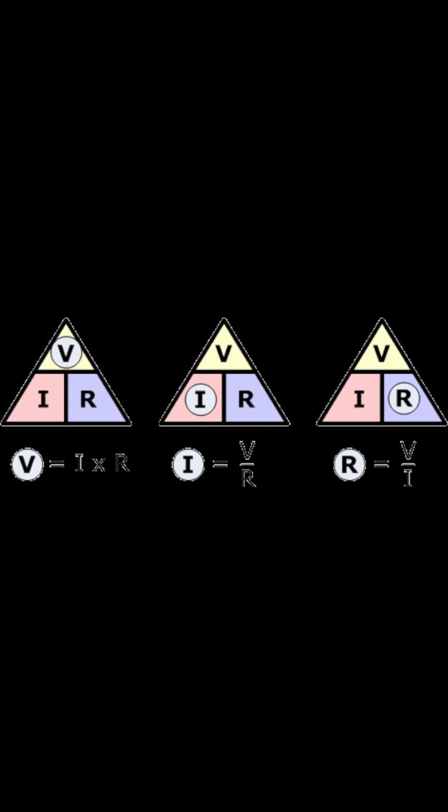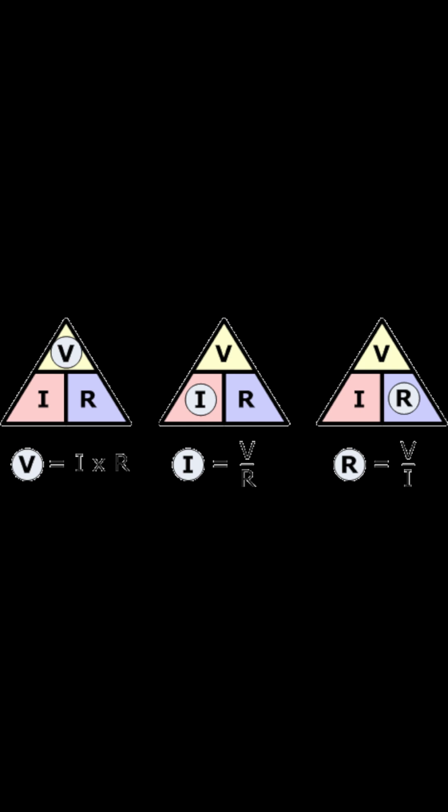And if the voltage remained constant and the resistance decreased, there would be an increase of current. This finding led Ohm to the conclusion that in a DC circuit, the current is directly proportional to the voltage and inversely proportional to the resistance.